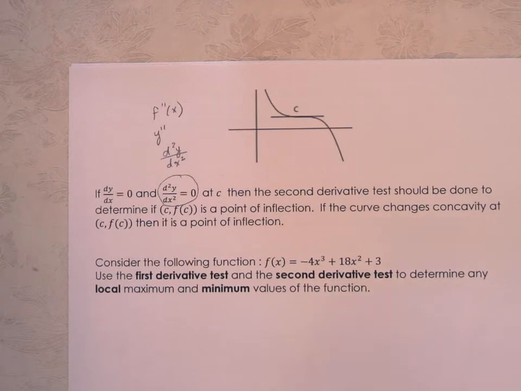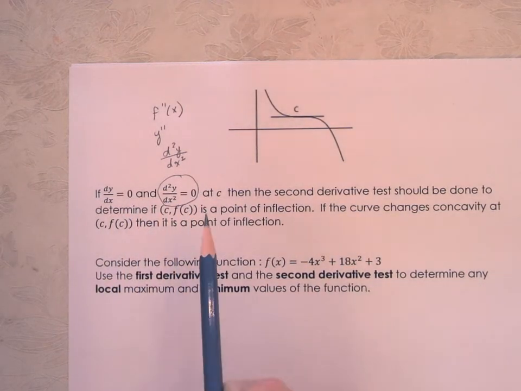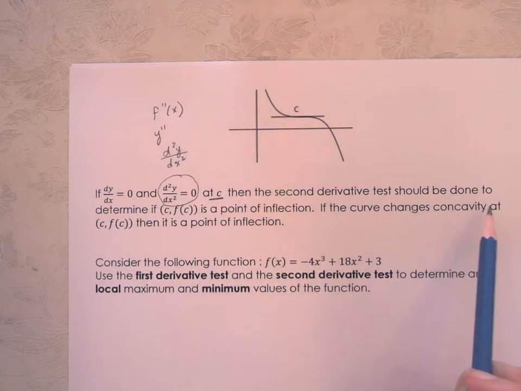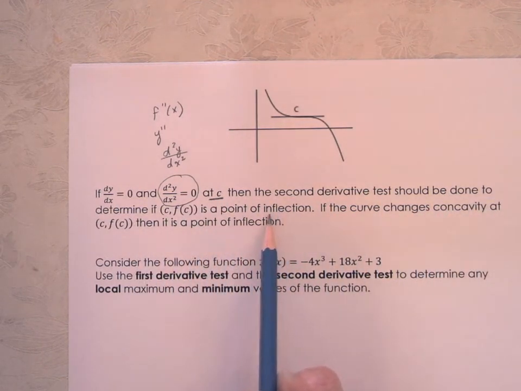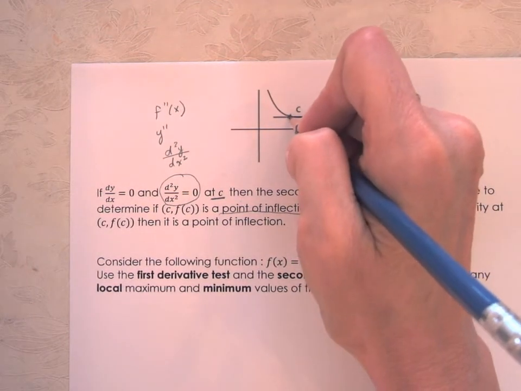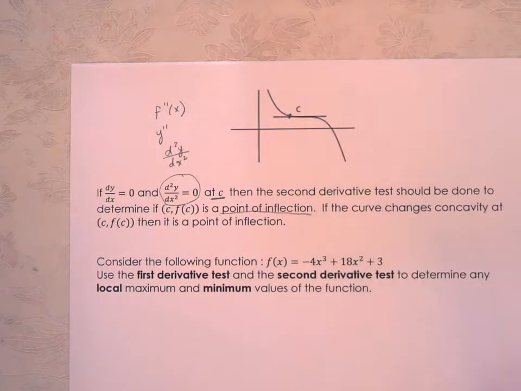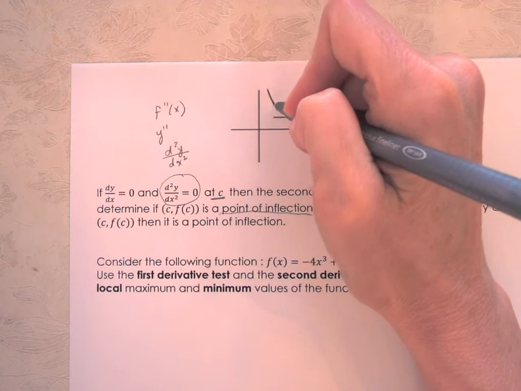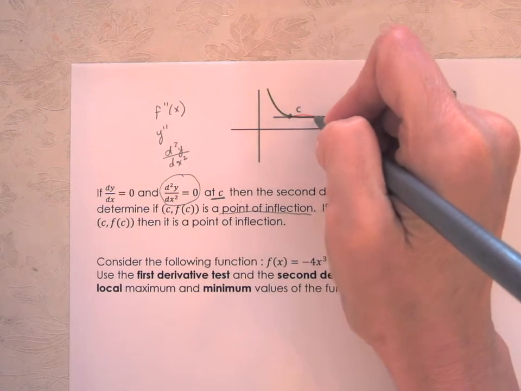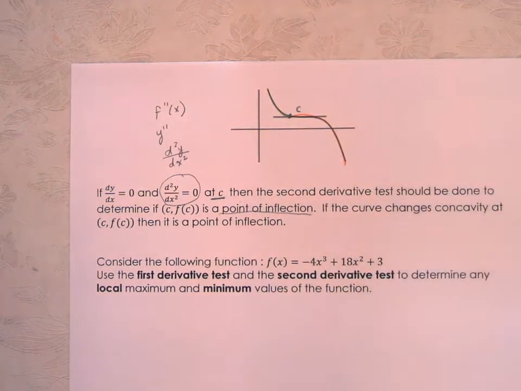So if both are 0, if the first derivative is 0 and the second derivative is 0 at a certain x value c, then the second derivative test should be done to determine if we have a point of inflection. And you'll see how we determine that. You can see that in this picture is a point of inflection because we change from being concave up to, at our point of inflection, becoming concave down.